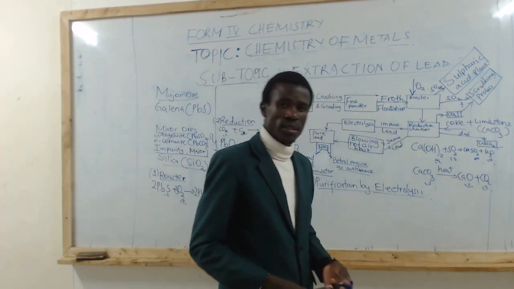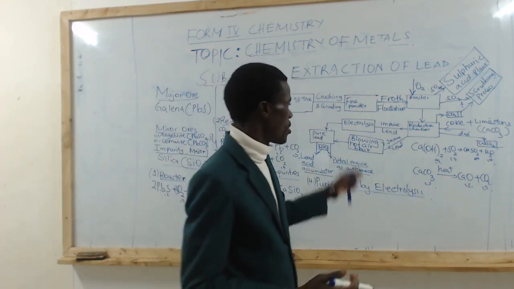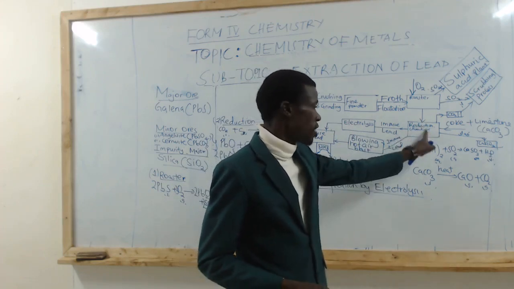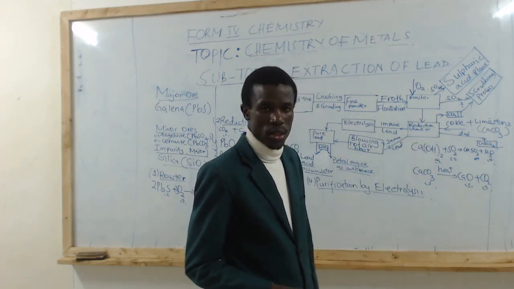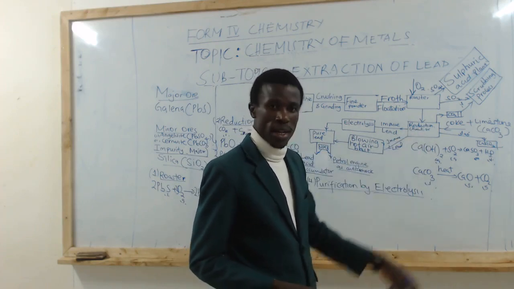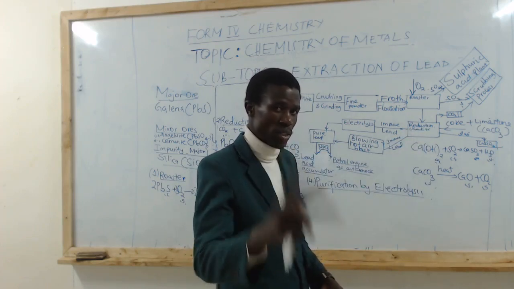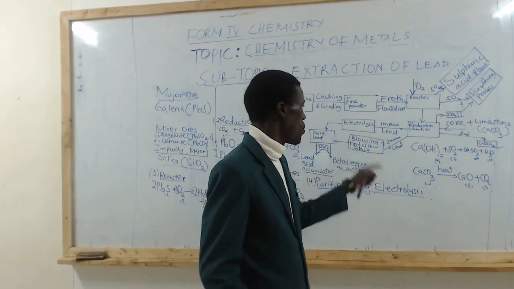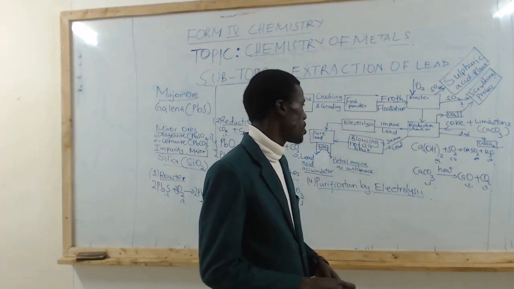A question: how do we obtain the pure lead metal which has been formed by the reduction process? We obtain the pure lead by using 2 methods. Number 1, we can use electrolysis. Number 2, we can use blowing of a hot air blast.